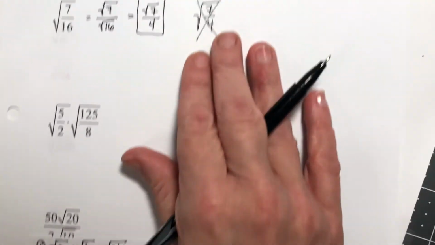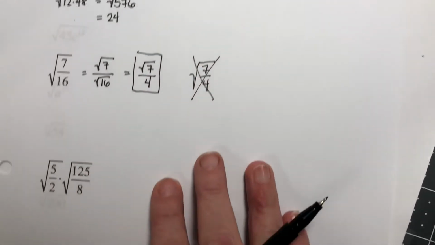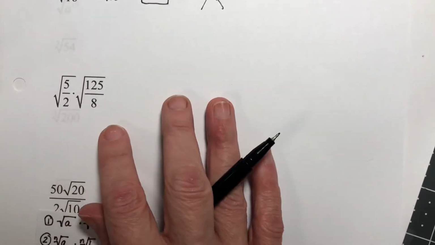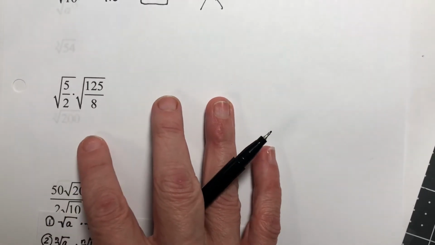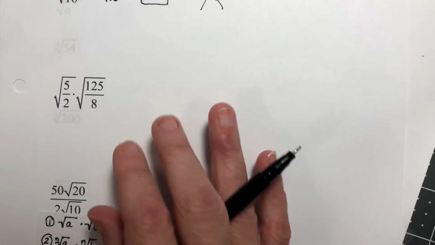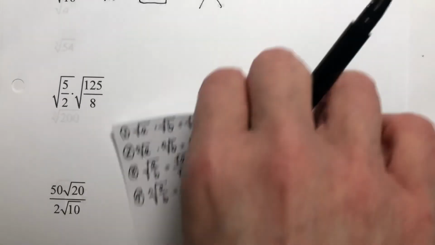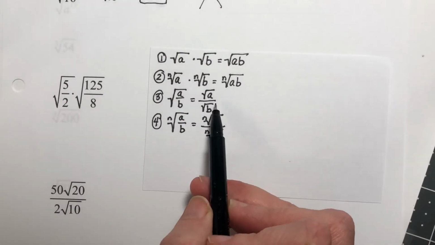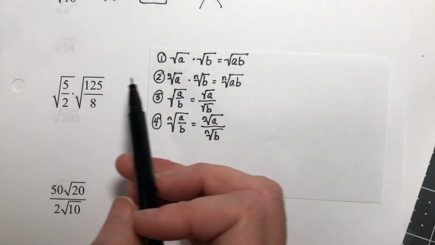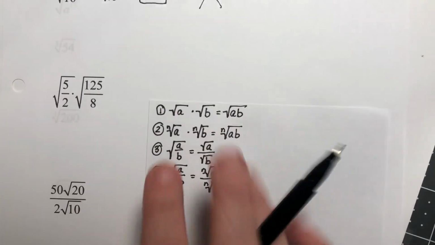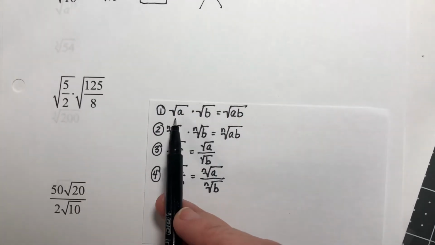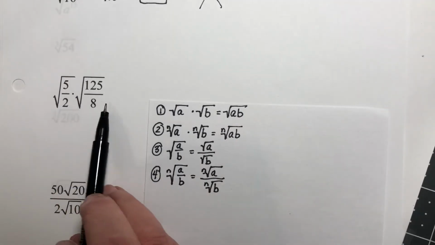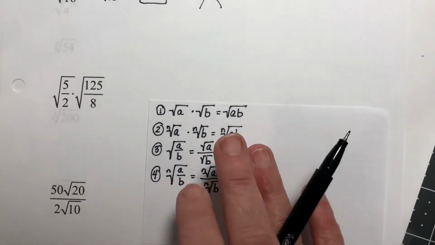This one is similar to the one up here in that you can simplify each one individually and then multiply the fractions, or you can use the property backwards. So we're basically going to be using this. This says that if you're multiplying two things together, forget that they're fractions. You can multiply underneath the radical.